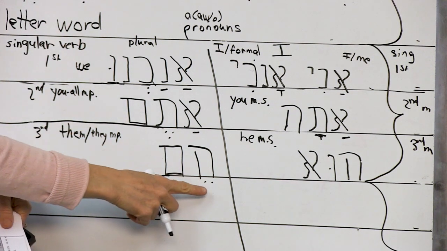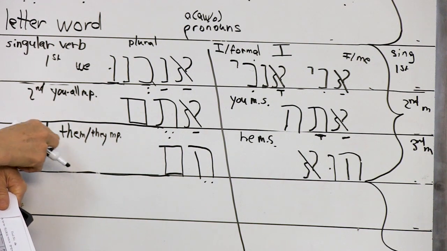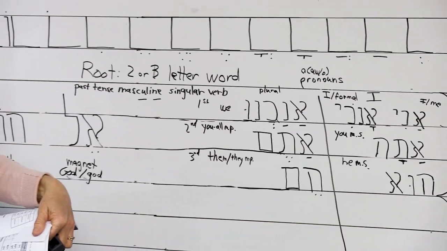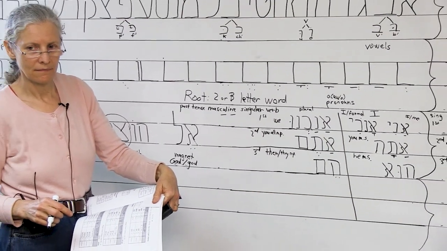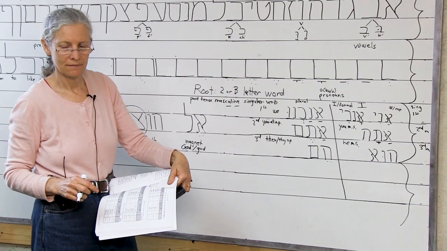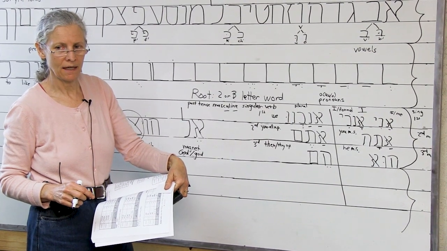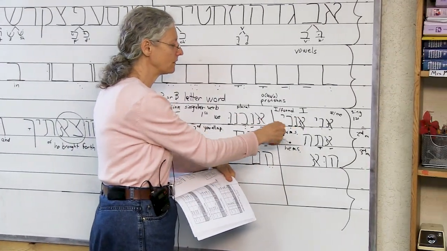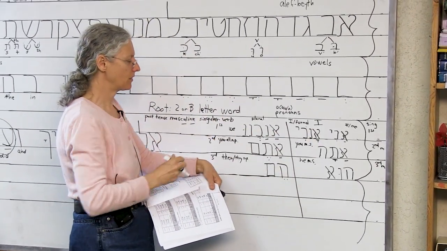So it sounds even like them, doesn't it? So if you were being informal with somebody, speaking about yourself informally, you would say ani. If you were speaking formally about yourself, you would say anochi. But that's really the only formal form of any of these pronouns.